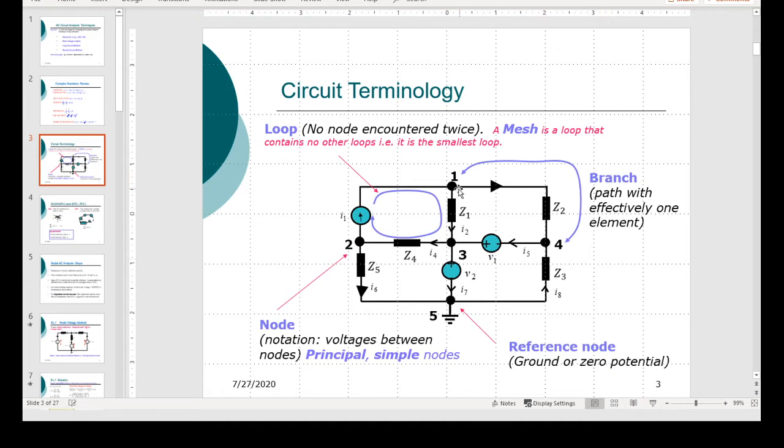Now these nodes have voltages. So it's normal practice to call the voltage according to the numbering. So the voltage at node 1, I would call it V1. At node 2, V2, and so on.